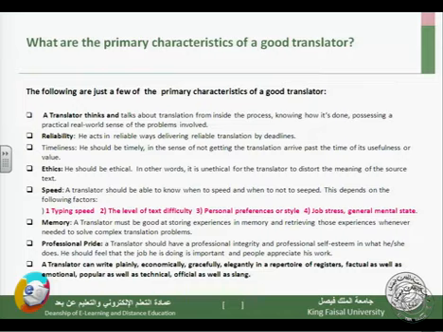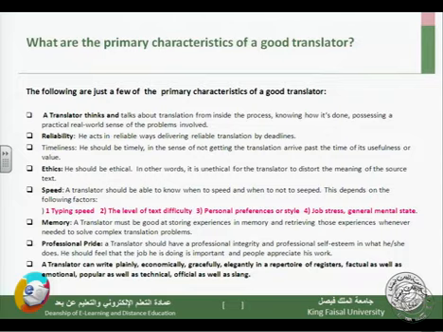Now, a good translator should think and talk about translation from inside the process. He should know how it is done. He should possess a practical, real-world sense of the problems involved. Reliability: the translator has to be really reliable.